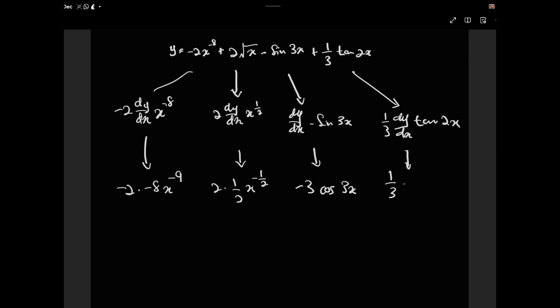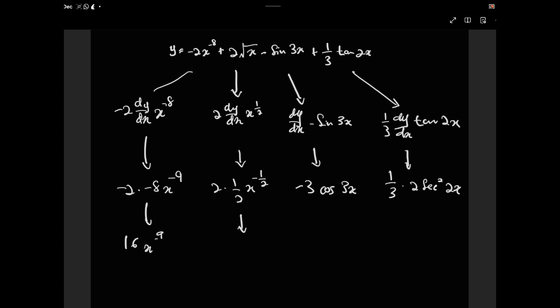So it is actually 2 secant squared 2x. So I forgot to actually solve this right away. So for this one, it's actually becoming 16x to the power of negative 9.